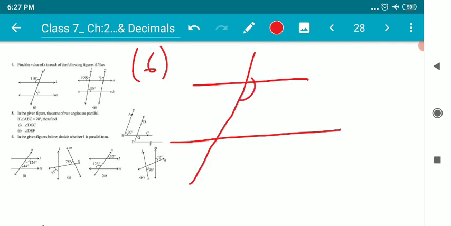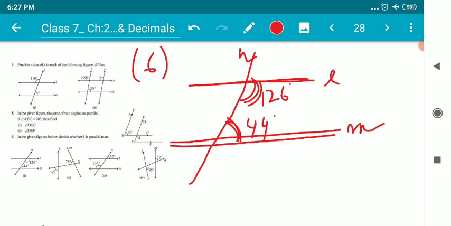So children, this angle is 126 degrees. I don't know whether they are parallel or not. And this is 44 degrees. This is L, this is M, and the name of this transversal is N. If the sum of these two angles, 126 and 44, comes to 180, then L and M will surely be parallel lines. Why?